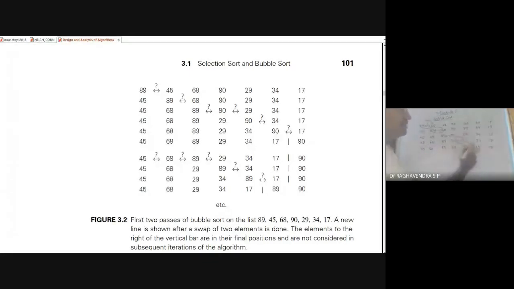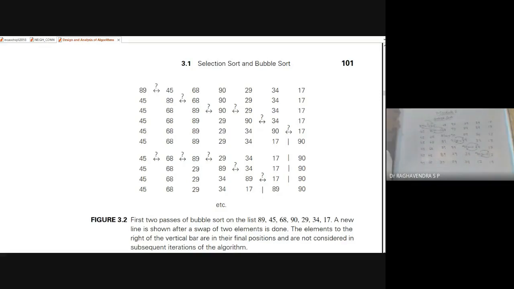Again, since 90 is higher than 34, you swap them: 45, 68, 89, 29, 34, and 90 jumps here, then 70. Now the last element is compared. Since 90 is higher than 70, you swap. So we get 45, 68, 89, 29, 34, 70, and 90.